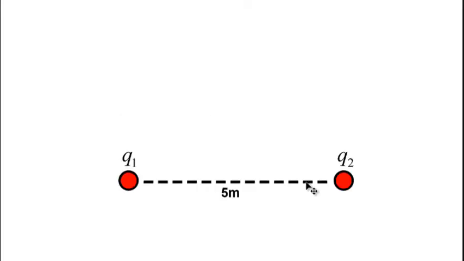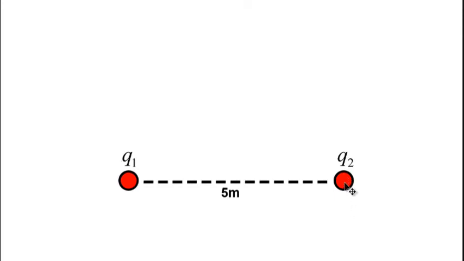For example, if we have a charge Q1 and another charge Q2 and a distance of 5 meters between them, if we want to give these charges positions, we could choose this place as the origin, the position of Q2 as our origin. So if we choose this place as our origin, R2 is going to be 0 because it is standing at the origin.